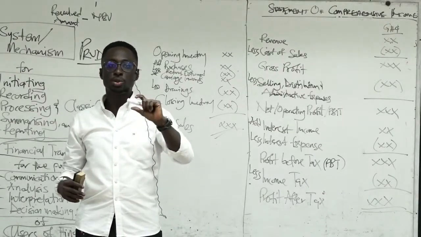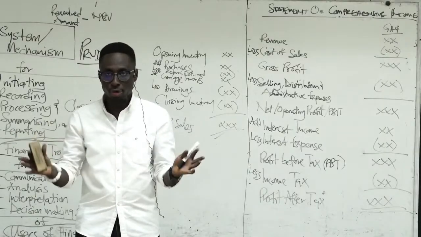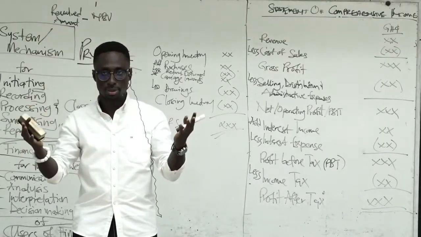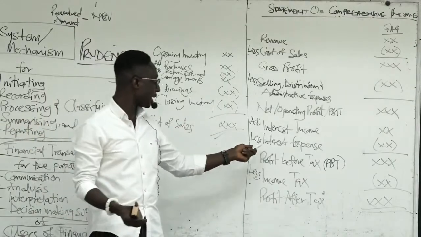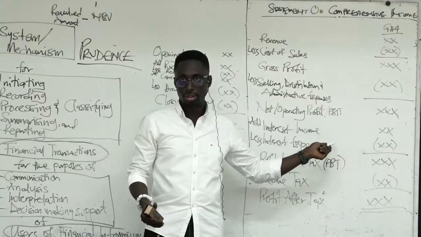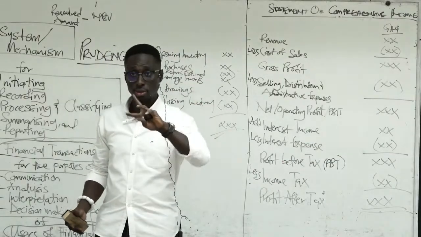But revenue is a type of income. So you'll be correct when you say revenue is a subset of incomes, because there are other incomes like this. Interest income. All right? Good. So, those are the two.